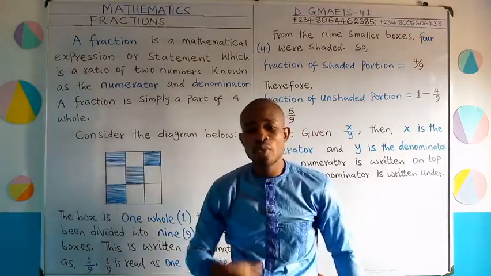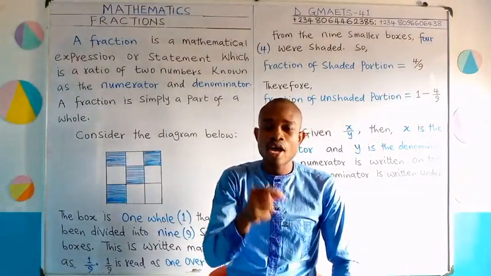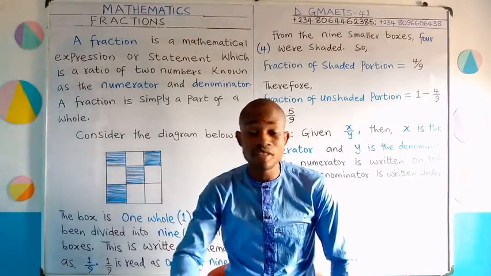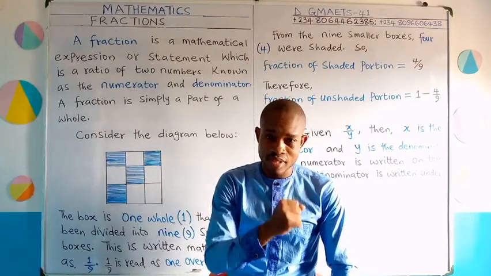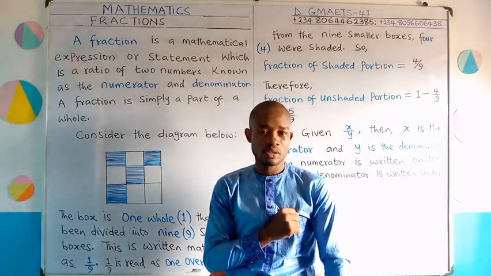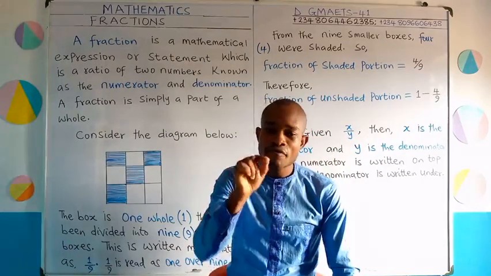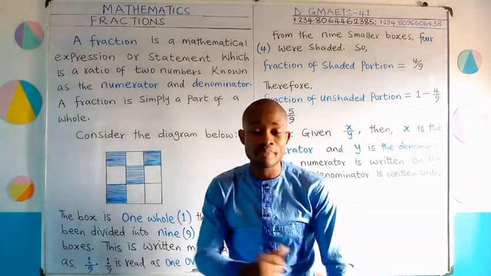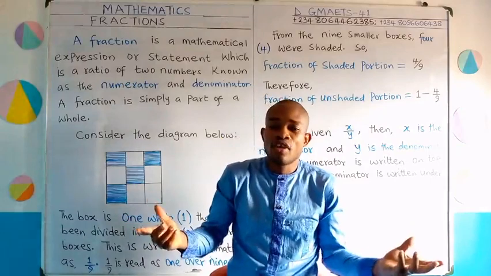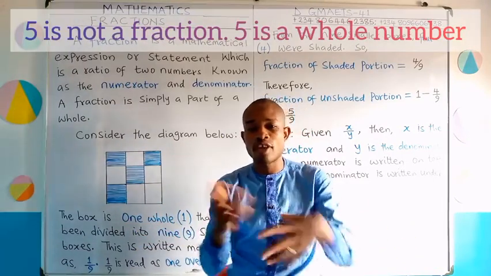A whole. Which means if I give you a whole number, you can actually convert that whole number to fraction by doing division. But let me say this. A whole number, is it a fraction? Not at all. A whole number is not a fraction. But to get fraction, we usually divide a whole number by something. If I tell you 5, 5 is not a fraction. But I can do something to that 5 to convert it to fraction.